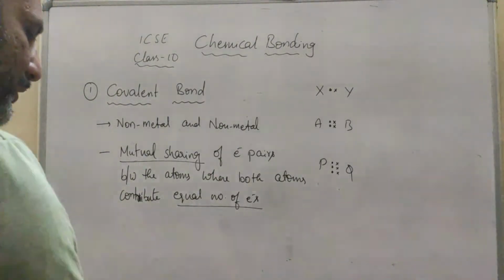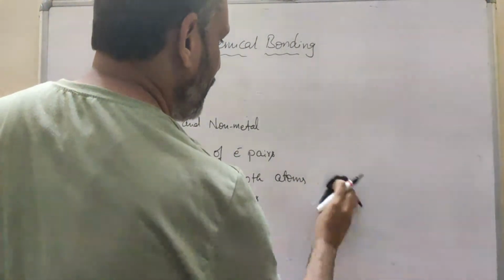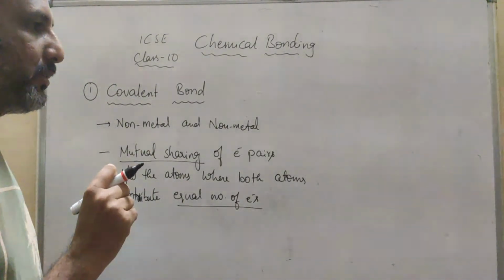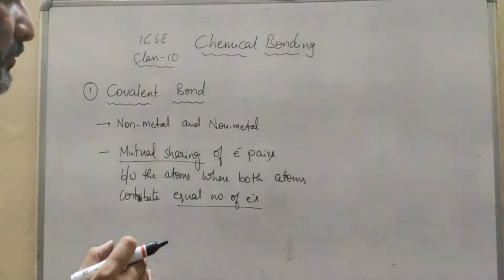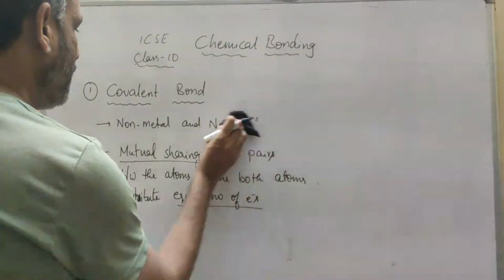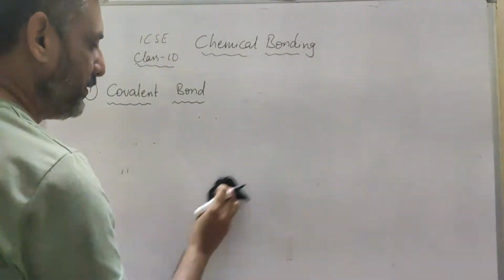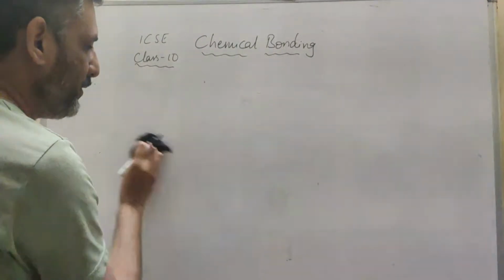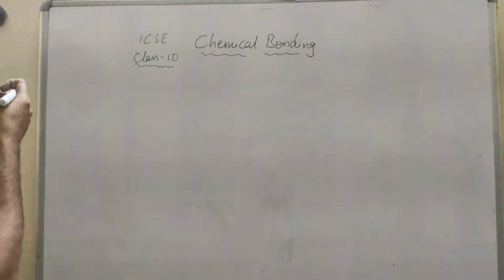So let's see some examples. And the purpose of formation of chemical bonding is to attain stability. So now the question comes, which element contributes how many electrons? You just have to see the electronic configuration of that element, so that you can see how many electrons that atom is going to contribute.